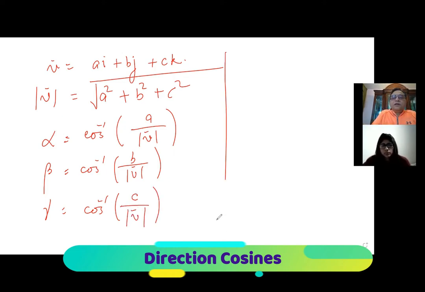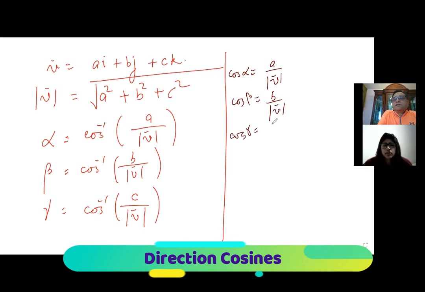Now, a very important relation from all this. I could have written cos alpha is a over magnitude of v, cos beta is b over magnitude of v, and cos gamma is c over magnitude of v. What is cos square alpha plus cos square beta plus cos square gamma?